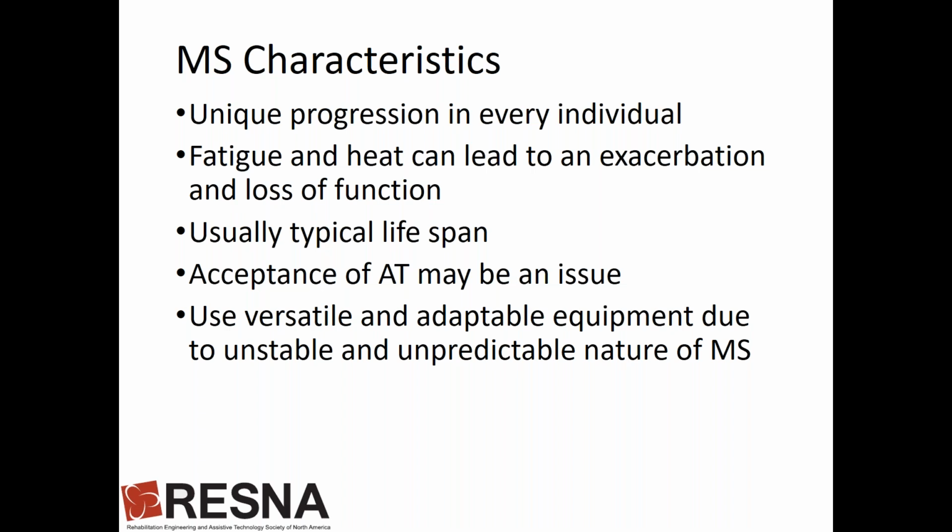You'll see cooling vests. You'll see people use a lot of strategies to try and keep their body under control and keep it cool. Usually somebody has it throughout their lifespan. It's a long disease, and you see progressive changes very, very slowly.